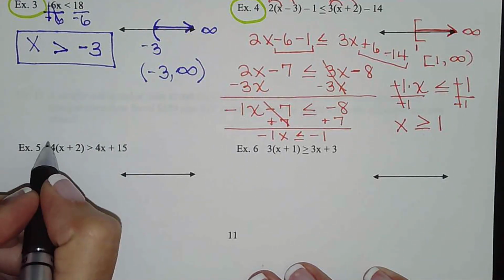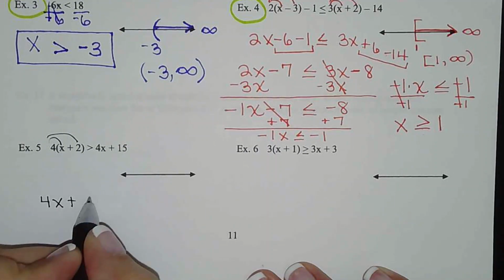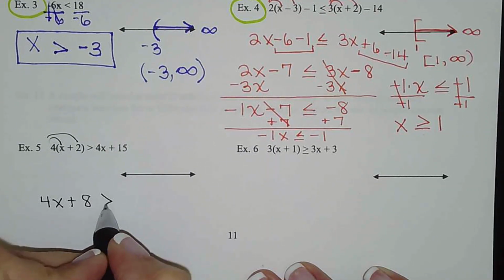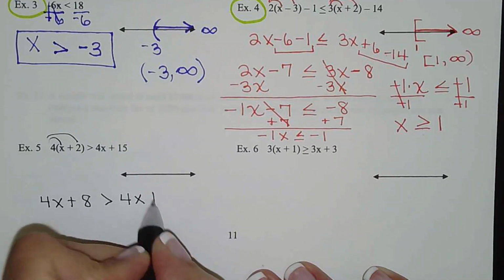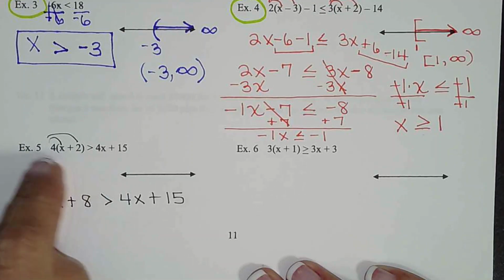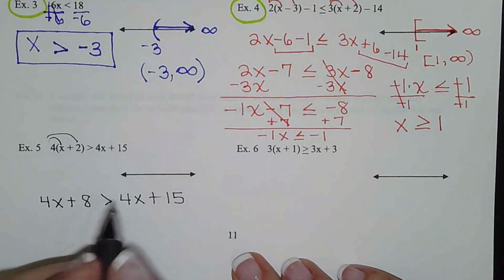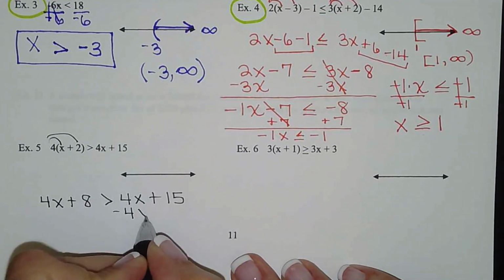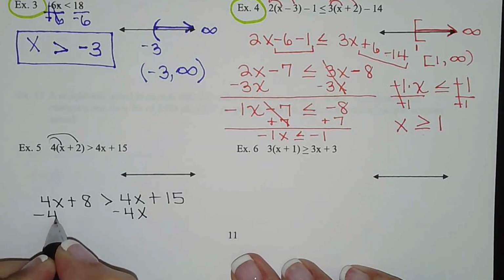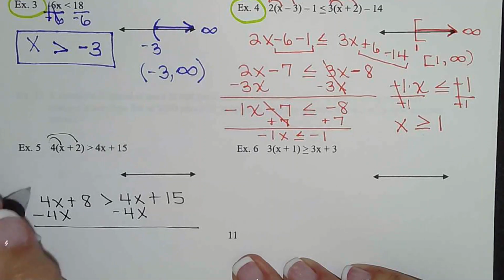So this will be 4x plus 8 is greater than 4x plus 15. Subtract your 4x because all my x's must be on the left, and what happens is they cancel on both sides.